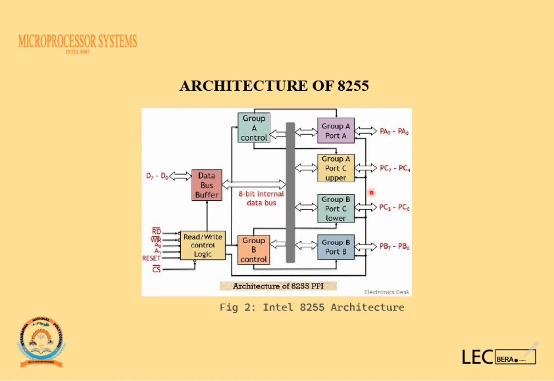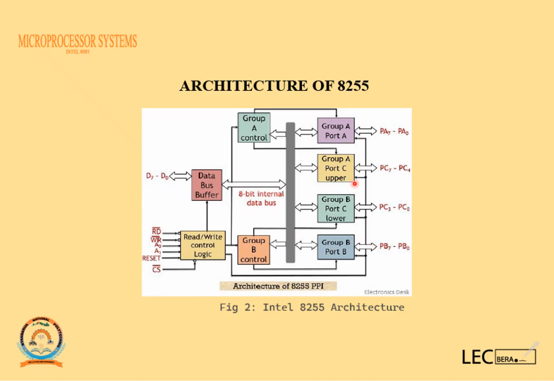So we have port C upper, and then we have port C lower. Port C upper is from PC4 to PC7, and port C lower is from PC0 to PC3. And then we have port B, which is PB0 to PB7.